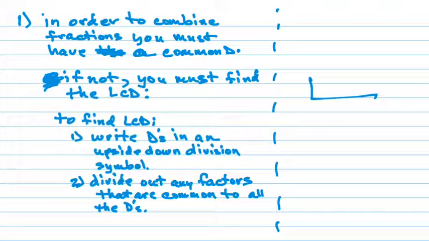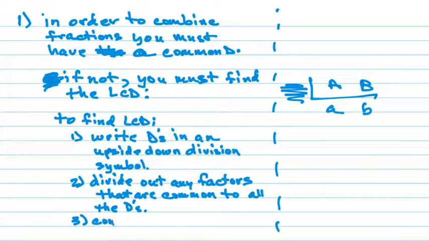So remember, it's common factors, just like when we were simplifying. You're doing the same process as when you were simplifying them. Look to see what's common and divide it out. And when you divide something out, it's going to go out here outside the division symbol, right? So you have your things inside, then you divide it out. We're going to look at plenty of examples if you don't remember. Once you get the answers, whatever you divide, they just go down here, right? Continue until there are no common factors.